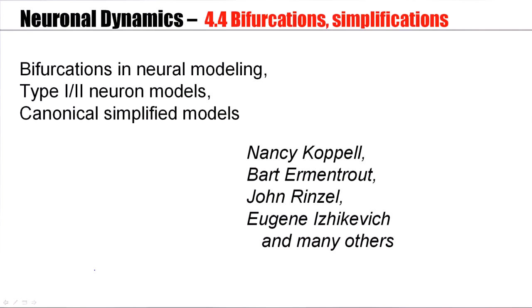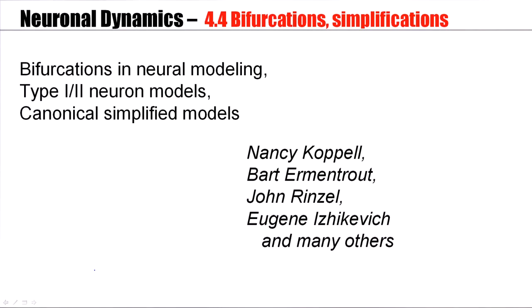Now, we have already seen in the first half of lecture 4.4 that bifurcations can help us to understand neuronal behavior, the difference between type 1 and type 2 neuron models, for example.